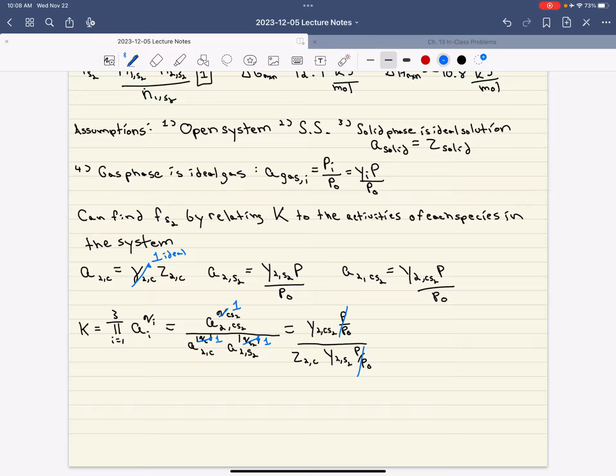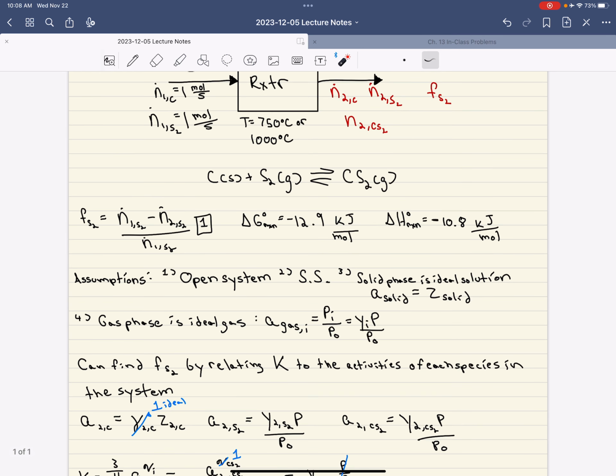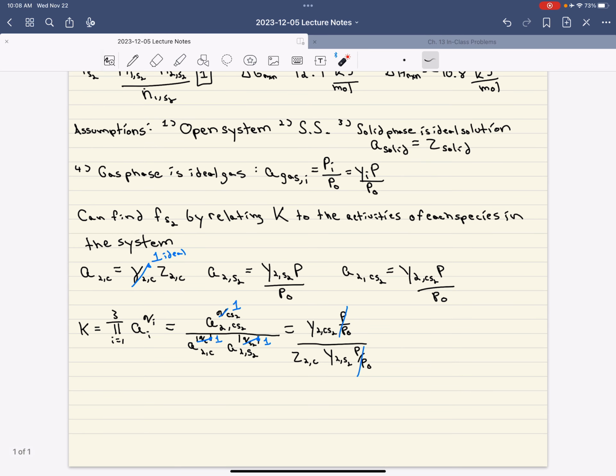The other thing I want to point out is the solid state mole fraction of the carbon. When it comes to the carbon, it's the only species that's in the solid state, right? And so because it's the only species in the solid state, the mole fraction of carbon is 1. And so this term right here is actually just going to be 1, because carbon is only solid.